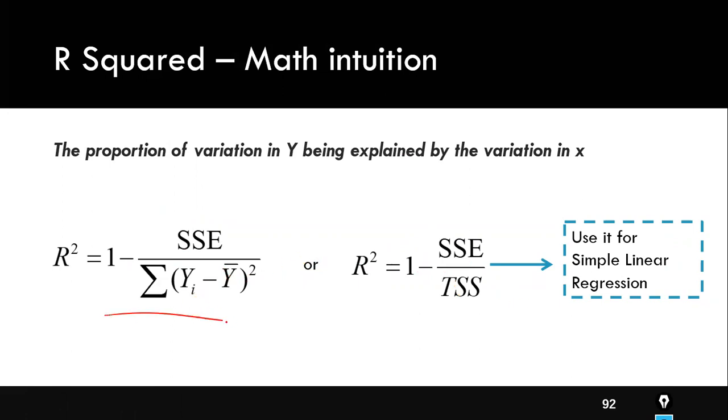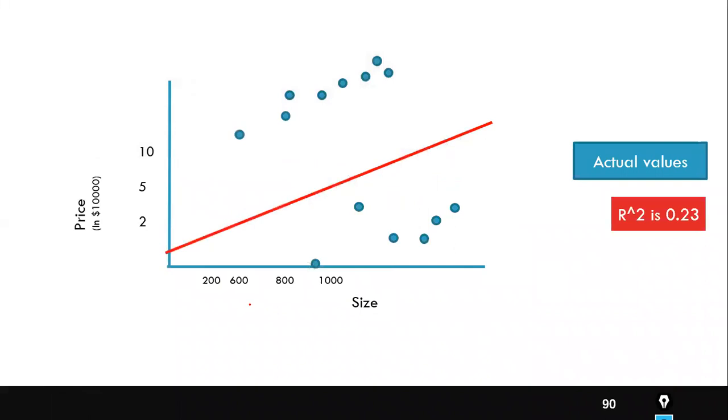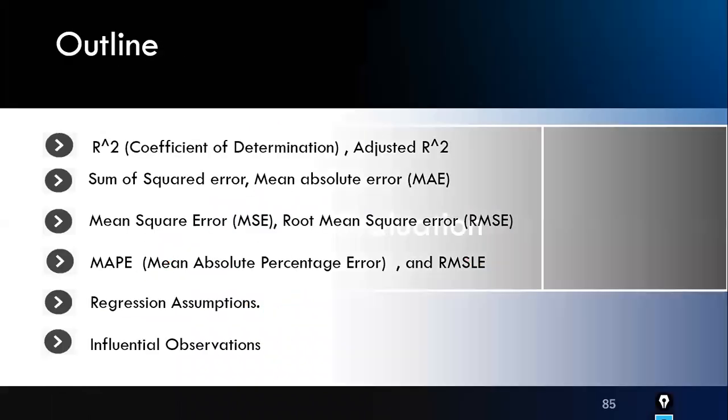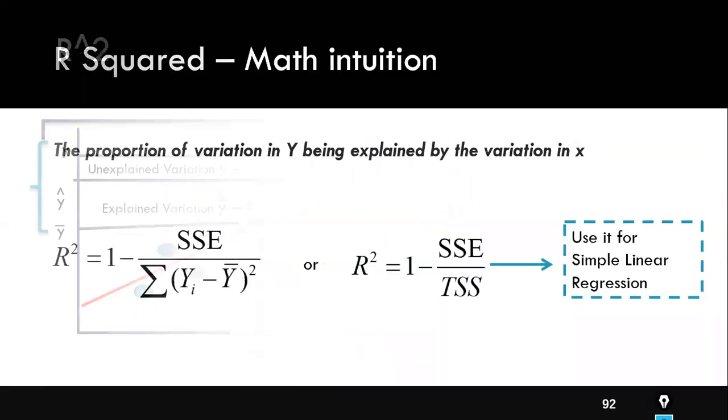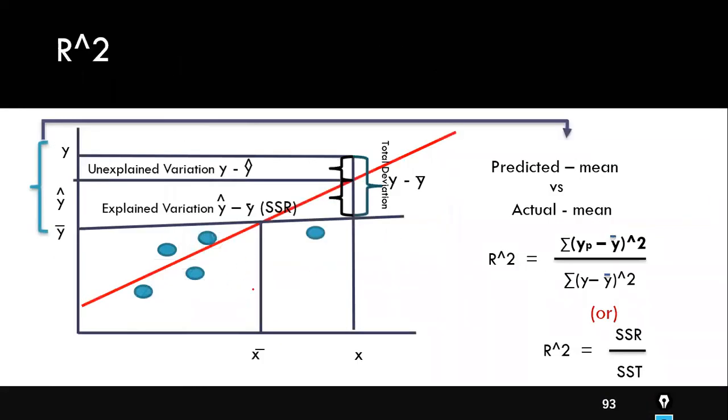Now let us look at this visually. This is my x-axis and this is my y-axis. I already explained this: the mean value of x, the average, will lie somewhere in the middle of the x-axis, and the average value of y lies somewhere in the middle of the y-axis.